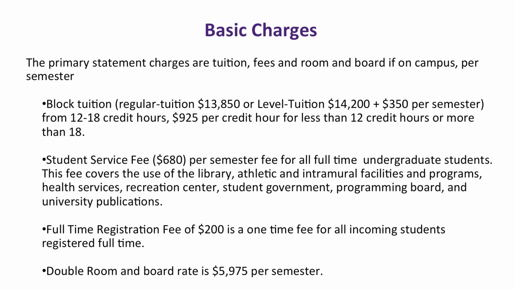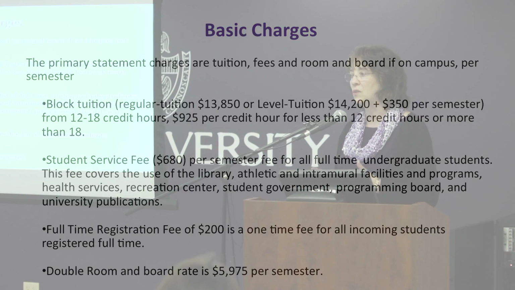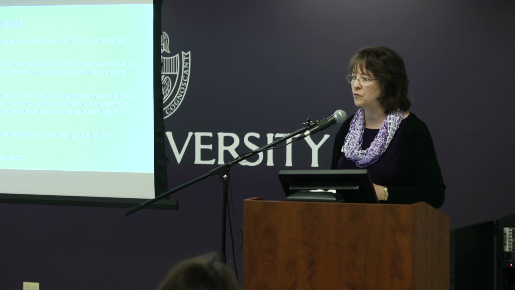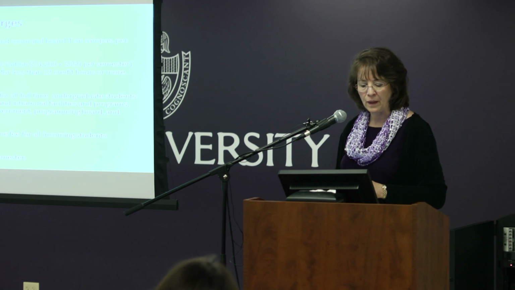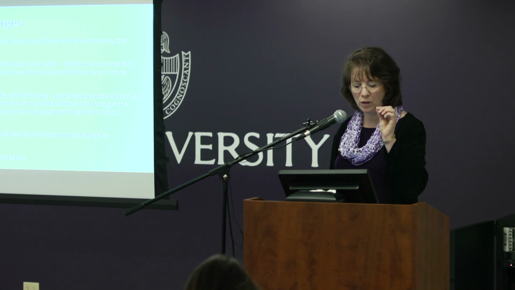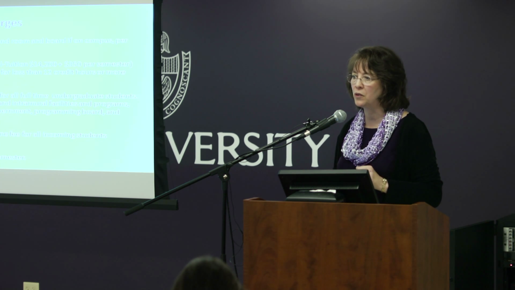The student services fee covers a myriad of different things. As you can see, all of the things are listed in your handout and on the screen of what that covers. Anybody that's registered full-time does pay that full-time registration fee. And for the first time, there is a one-time registration fee of $200.